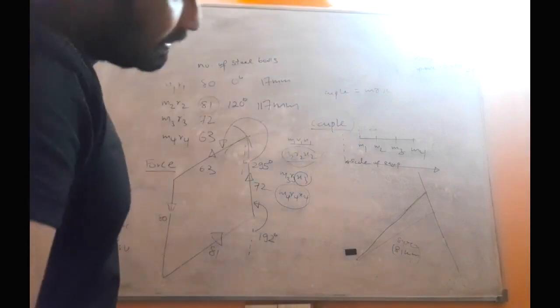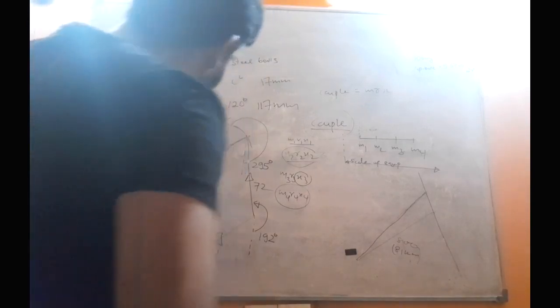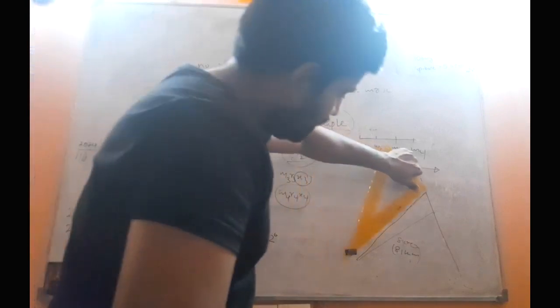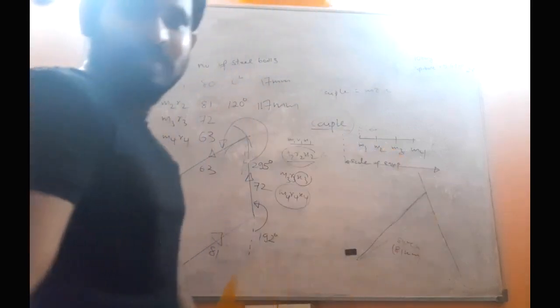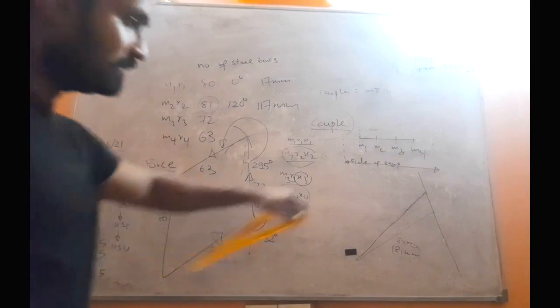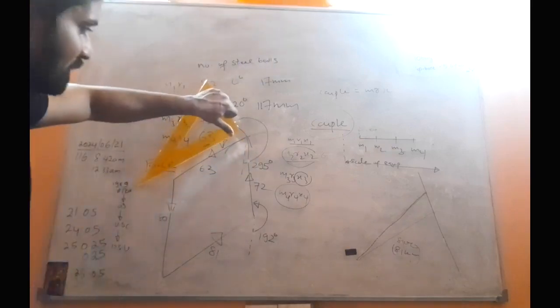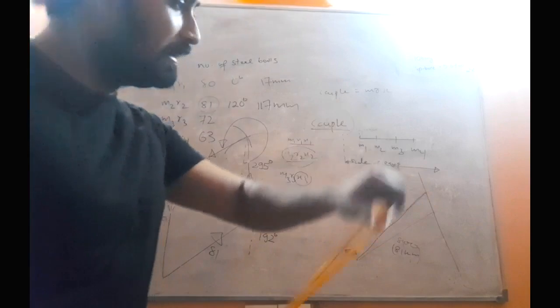It's not straight, right? Shall I sketch it again? Because now we know that after projecting this, there can't be any other direction. We cannot sketch this vector in such a way that it is parallel to this vector and ultimately completes the polygon.